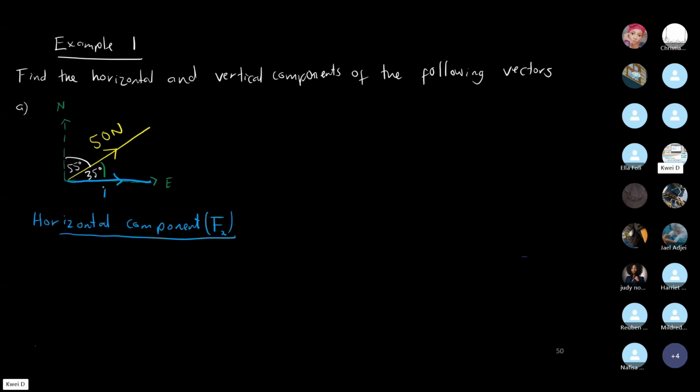If we want to determine the value of the horizontal component, we can see that it's adjacent to the angle 35. So using the trigonometric ratio, we can go for the cosine.